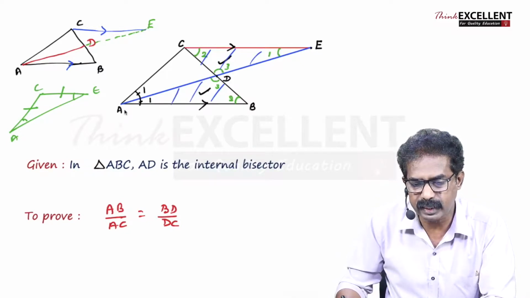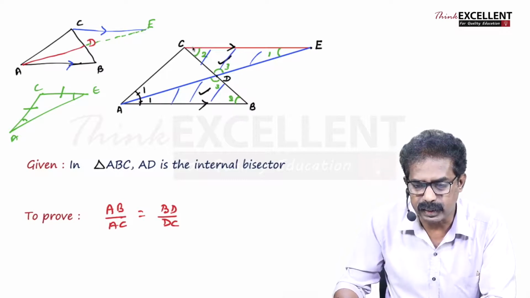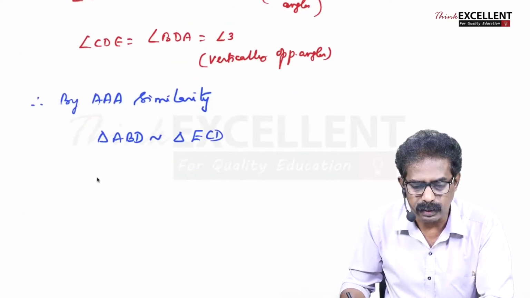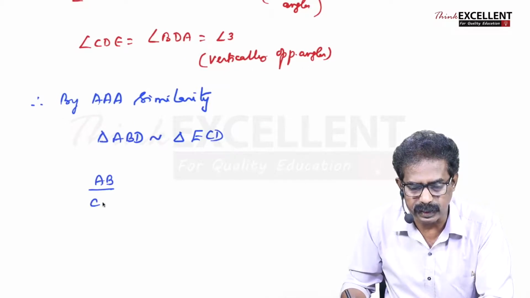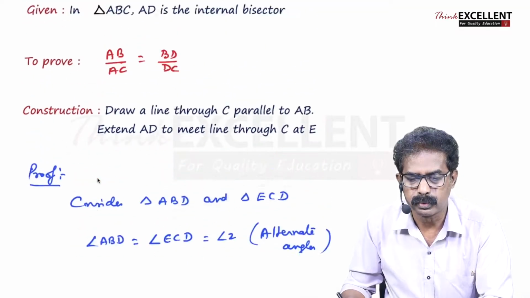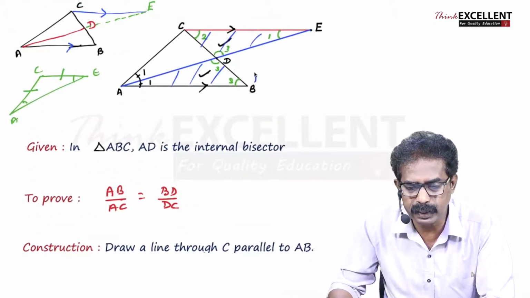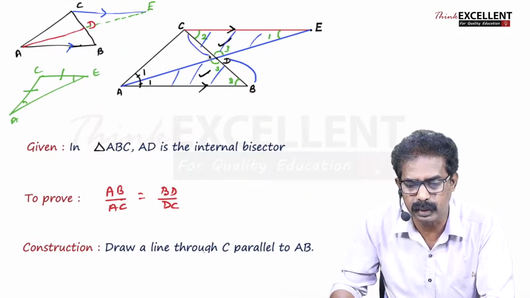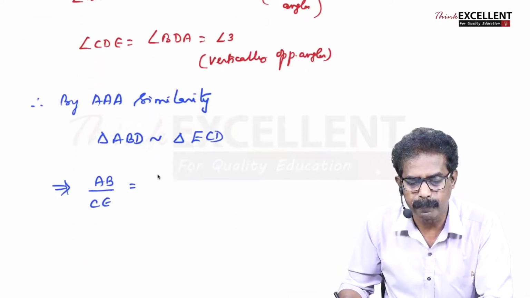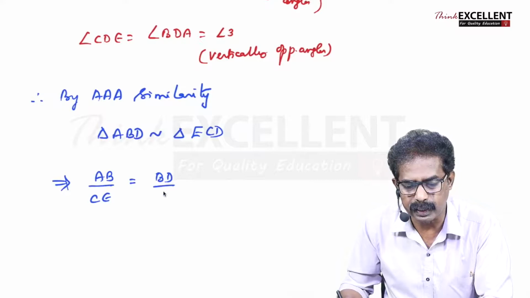So if I take AB, here you take CE. AB by CE equals, if I take BD, here the corresponding side is CD. BD by CD.